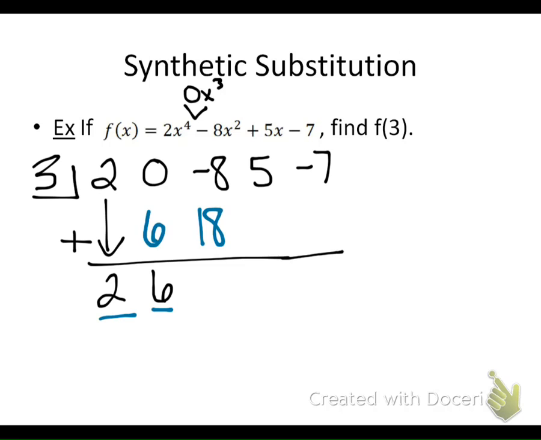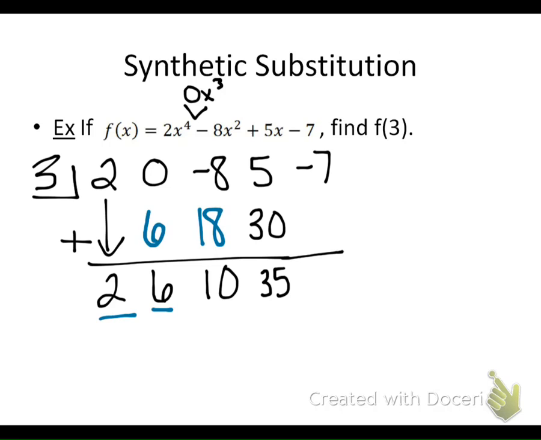We add, multiply, then add, multiply, then add. Since we just added, we multiply 10 times 3, and then add. Multiply 35 times 3. What is that, 105?